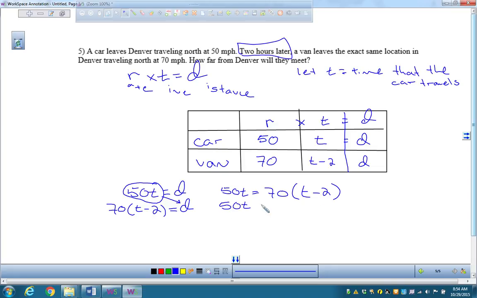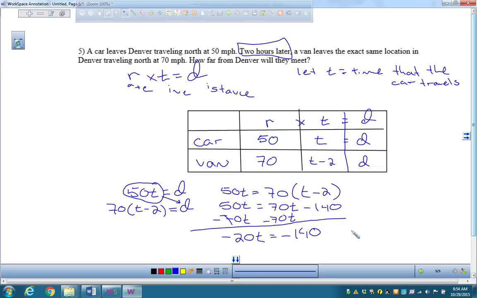50t equals, I distribute, 70t minus 140. I'm going to bring my 70t onto the left side. 50t minus 70t, and I get negative 20t equals negative 140.